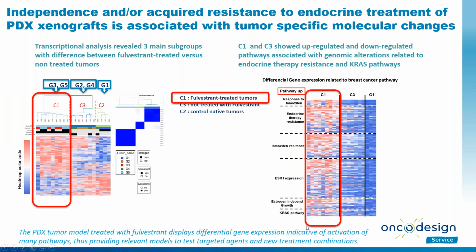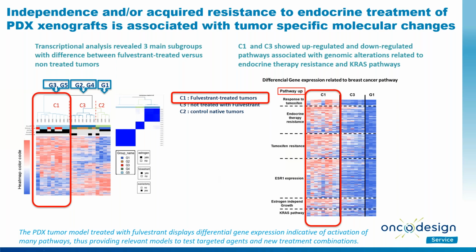And we identified with RNA expression analysis that the pathways that are upregulated clearly correspond to the pathways that are known to be correlated with the hormonal resistance of the tumor.